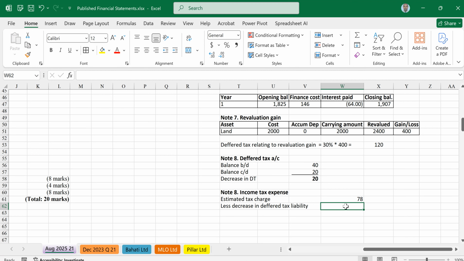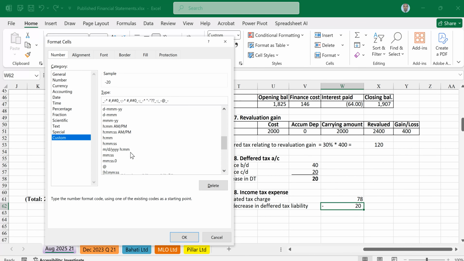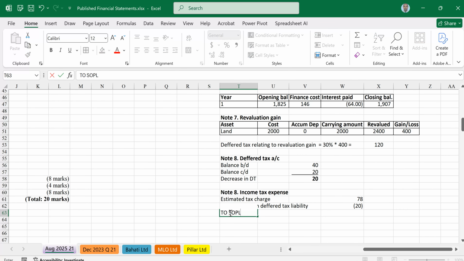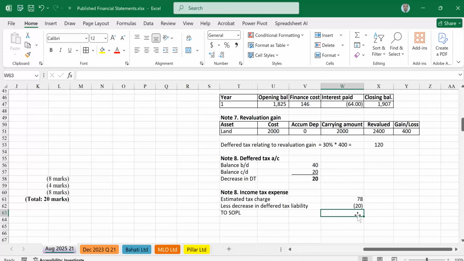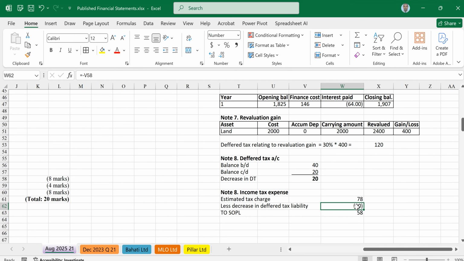Now the decrease is 20. Then to SOPL, we are getting 58. So the amount of income tax expense will be 58.